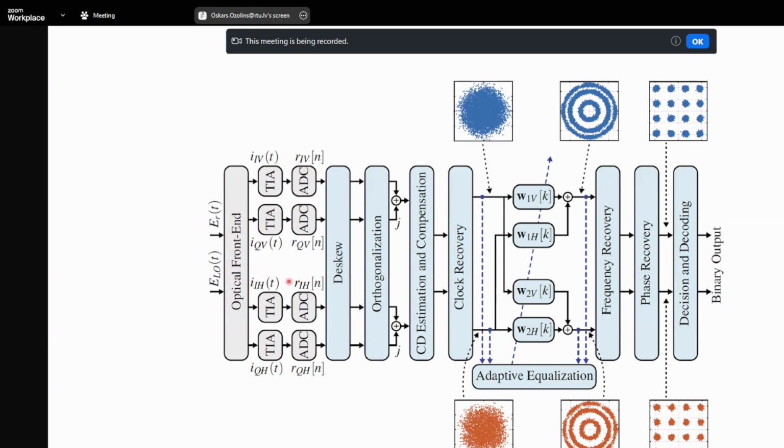Right. And then when you have done all these, until clock recovery. Clock recovery is when you have incoming signals and you do this sampling. So basically, maybe I draw something.